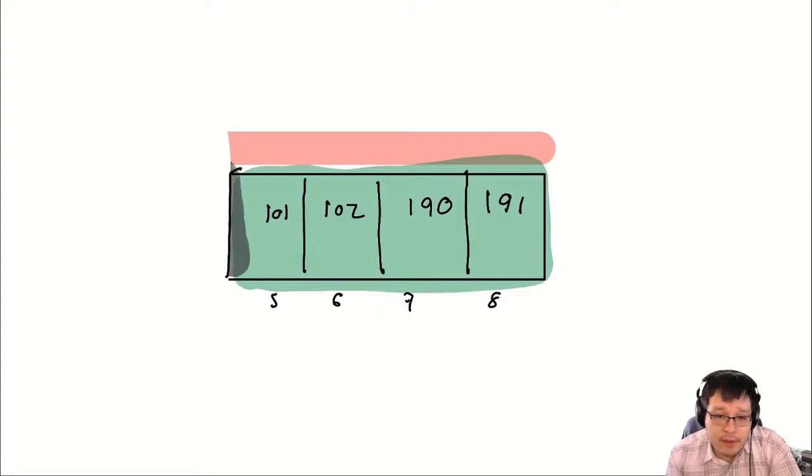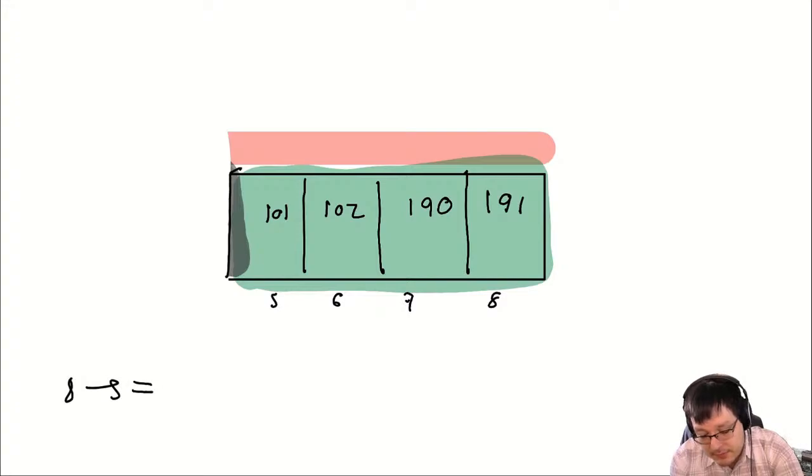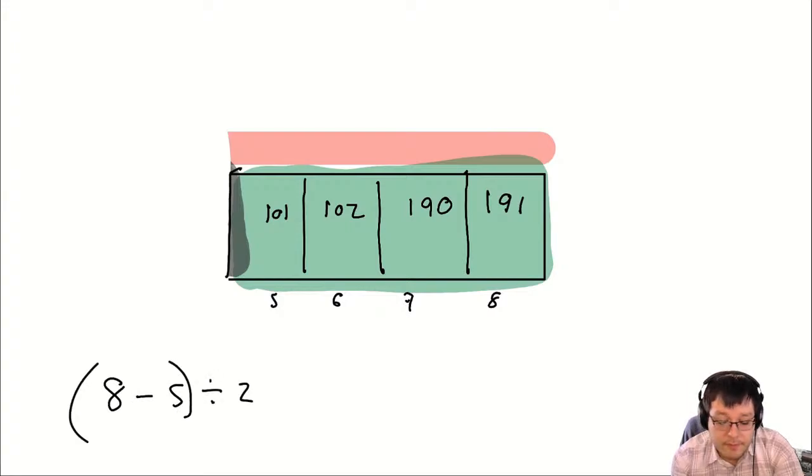There are many ways to do this. The best way is to add them together and divide by 2, or take the range and divide that range by 2. So you could do 8 minus 5, divided by 2, and then add that to the 5.